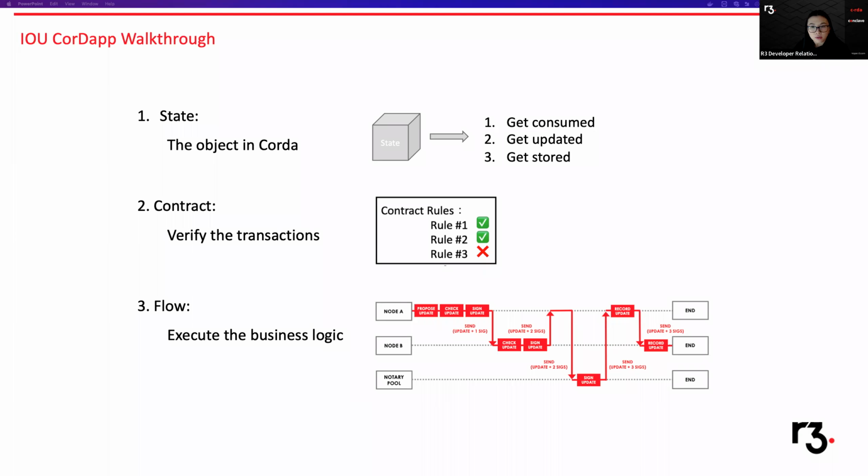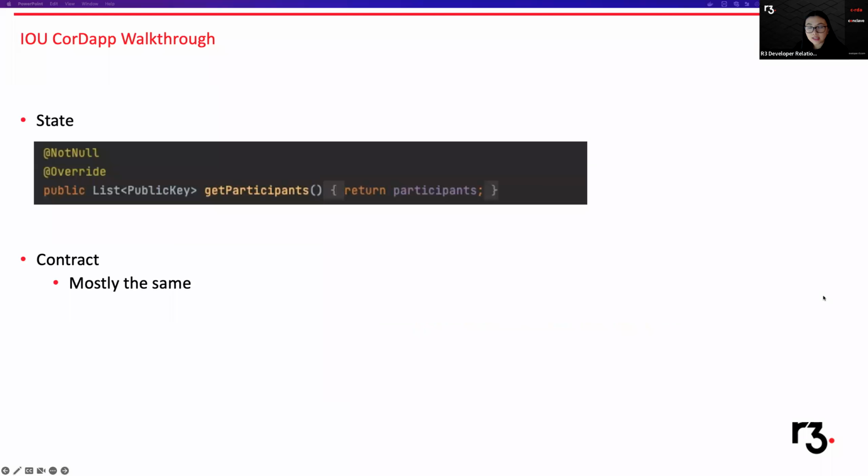So with that being said, let's take a look at the main differences between Corda 4 and Next Gen Corda with reference to states, contracts, and flows. In terms of state, there isn't that much difference. The main thing we want to take note of is the participant list.